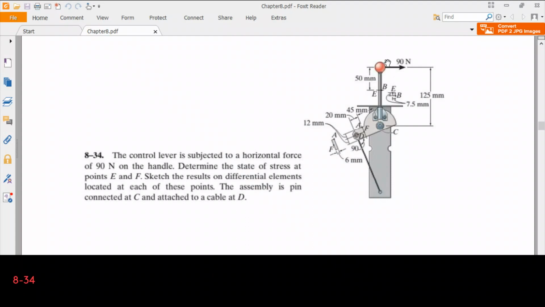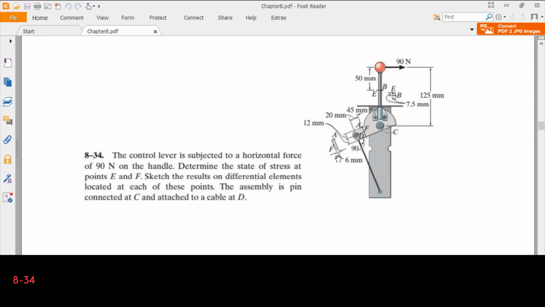So certainly when you apply a force in this direction, in fact the point D will go in the upward direction. As a result, the cable will be in tension, and we are asked for the state of stress at point F. F is on the neutral axis of this cross section, which is seen in the figure.